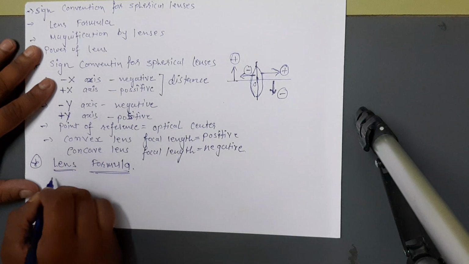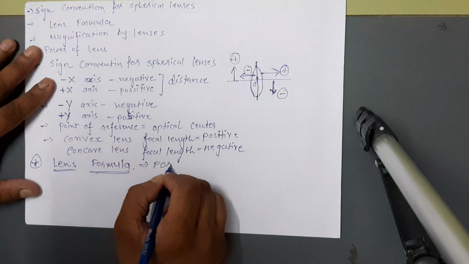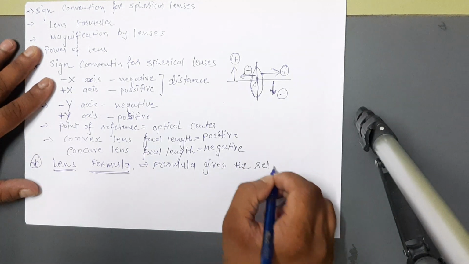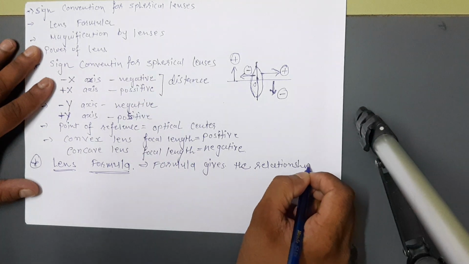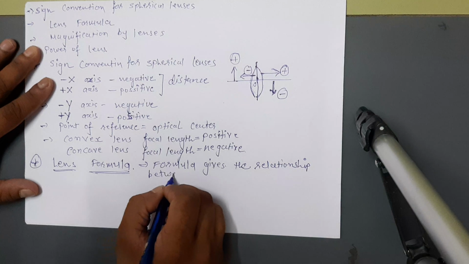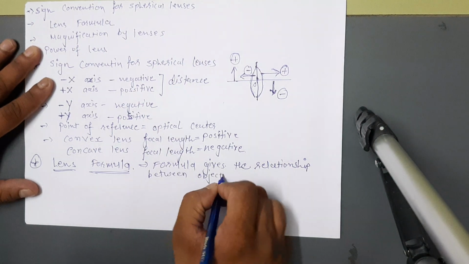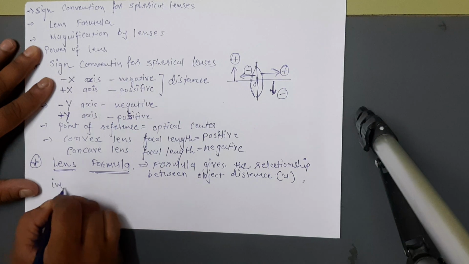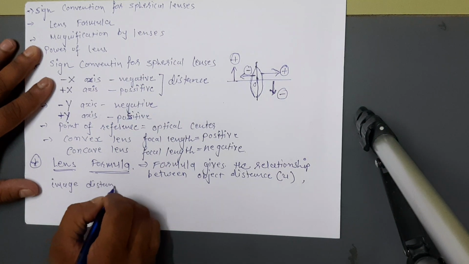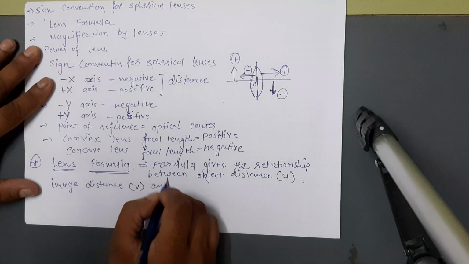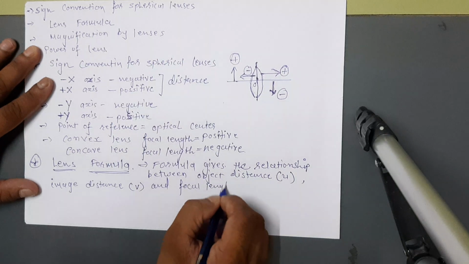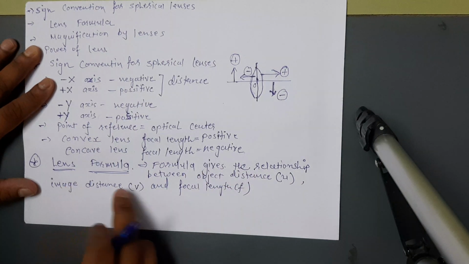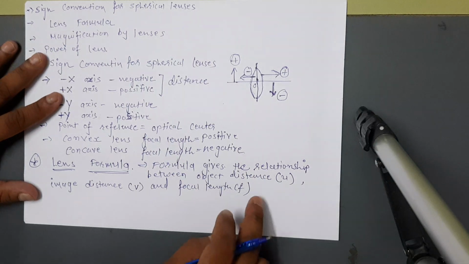In a lens, the formula which gives the relationship between object distance u, image distance v, and focal length f is called the lens formula.